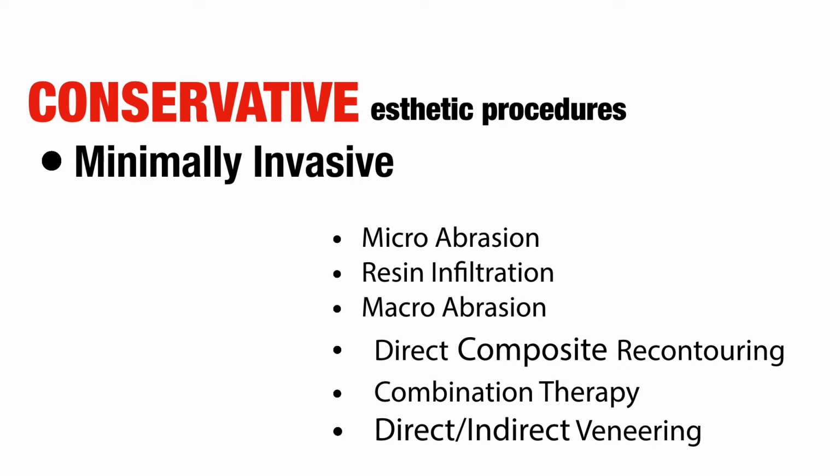And it is believed that the resin alters the light refraction behavior of the infiltrated enamel to mimic the surrounding healthy enamel. And then we have combination therapy: the use of bleaching techniques, acid applications and mechanical abrasions consecutively may provide the desired clinical result in some cases.